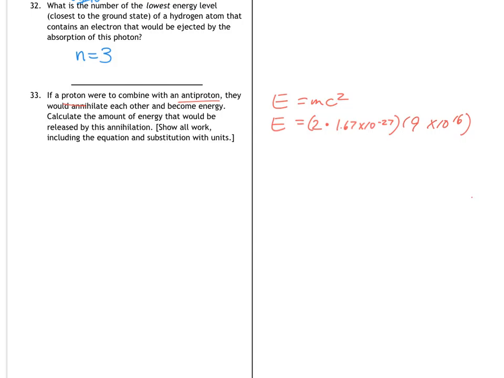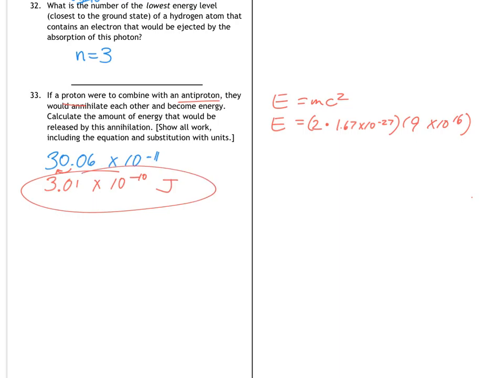When you multiply 2 by 1.67 by 9, you get 30.06 times 10 to the, and it's going to be a negative 27 and a 16, or 10 to the negative 11. But we do need to adjust this to scientific notation, so I'm going to move this decimal, and that's going to give me 3.01 times 10 to the negative 10, and this would be joules, and final answer.